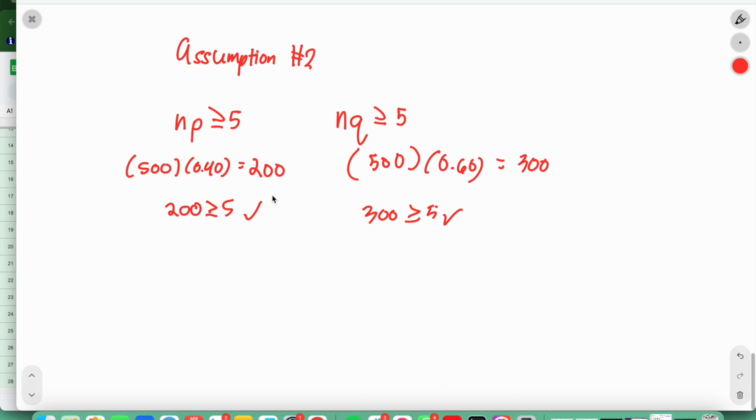So in this part, we have a new Z. This is the Z for test for proportion, also known as Z-com or Z computed.